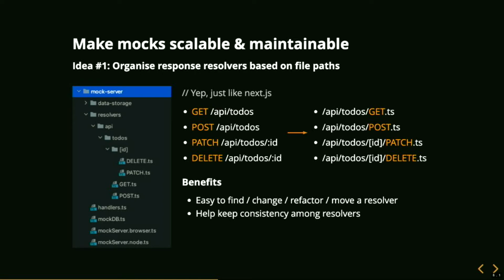And then if we need a path parameter, we could just add brackets around it in the file path as a folder, such as /API/todos/[id]/delete.ts.